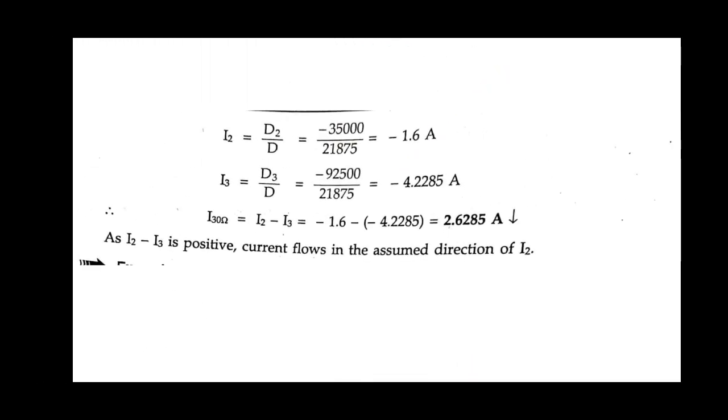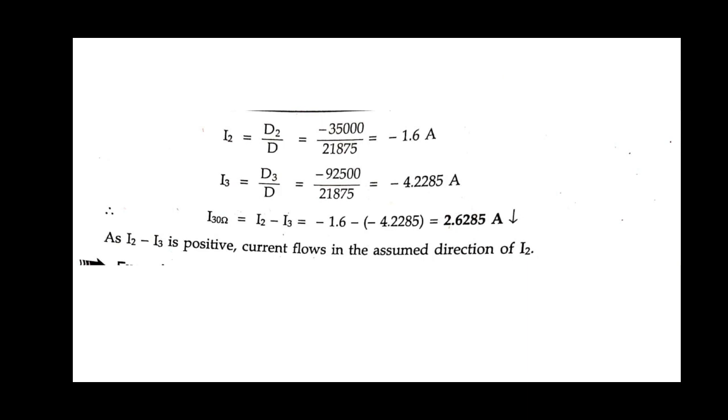So I2 equals minus 35,000 upon 21,875. Dividing this, we got I2 equal to minus 1.6 ampere. Similarly, we can find I3 equal to D3 upon D, so minus 92,500 upon 21,875, which gives I3 as minus 4.22 ampere.